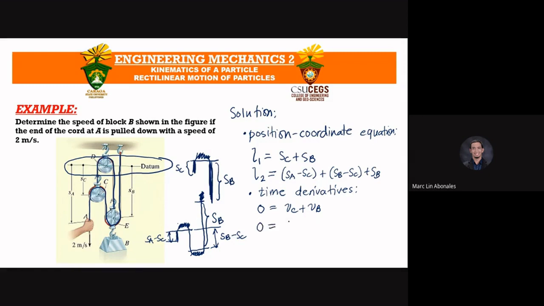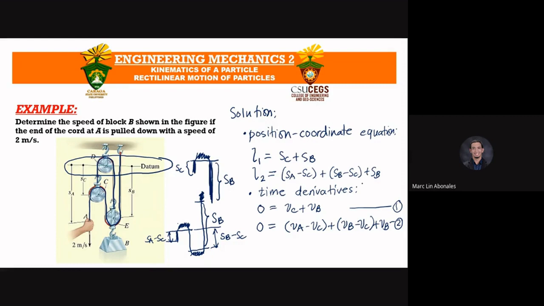And the second is 0 is equal to VA minus VC plus VB minus VC plus VB. So we have two equations. What we need is to determine the velocity of block B.